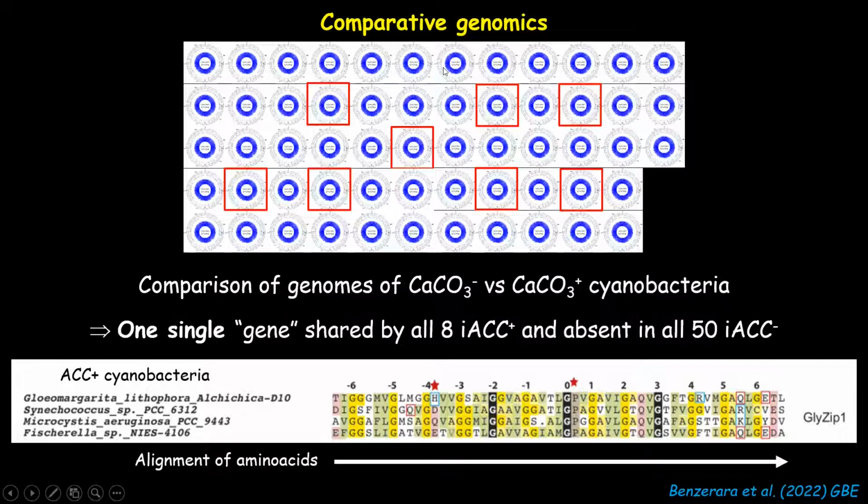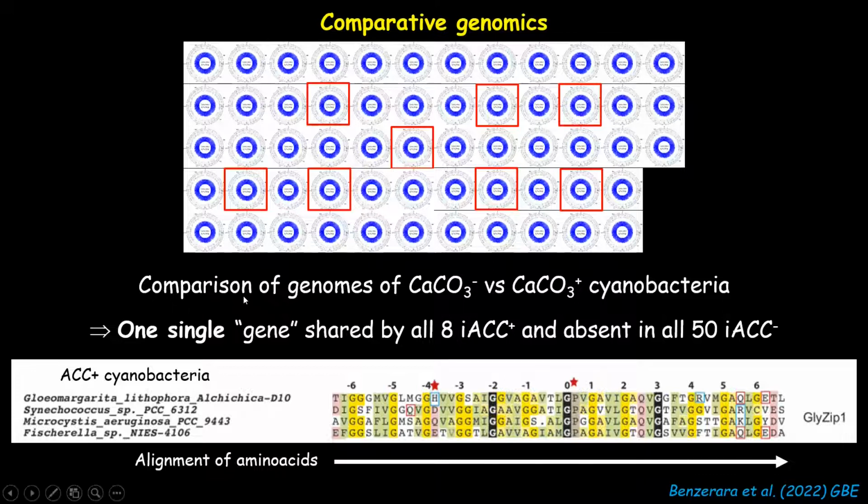And so the first question was, are there genes which we find only in those red squares and not in the other genomes? So are there genes that we only find in cyanobacteria forming carbonates and that we don't find in cyanobacteria not forming intracellular carbonates? You remember, each of these 58 is like a million nucleotides. So you have to deal with this huge load of information.